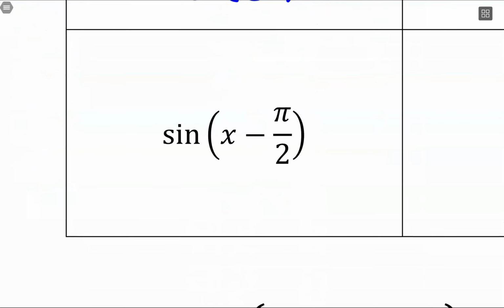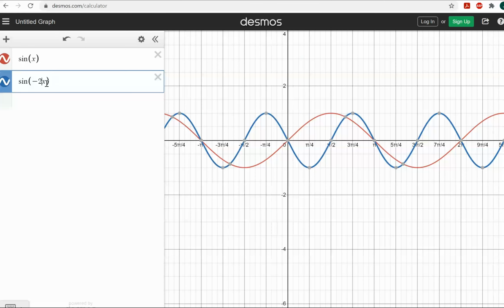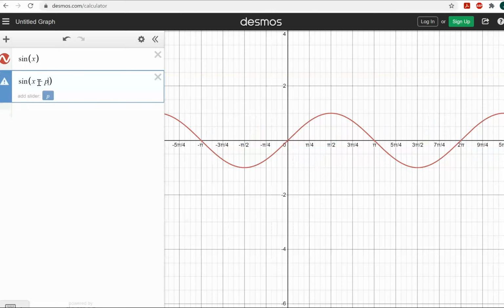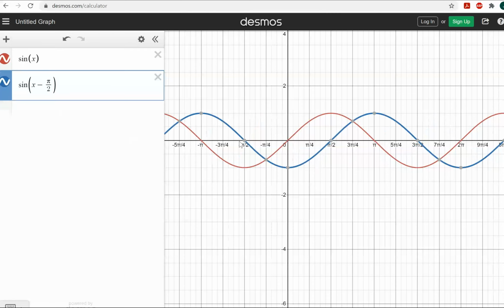Alright, our last piece here, and then we'll talk about our general form and how this all comes together. So, if I have sine of x, and I do minus pi over 2, what you can see is the general shape hasn't changed. What we did change is where the values are occurring. Where we had 0, 0 originally, now it's over here at pi over 2.